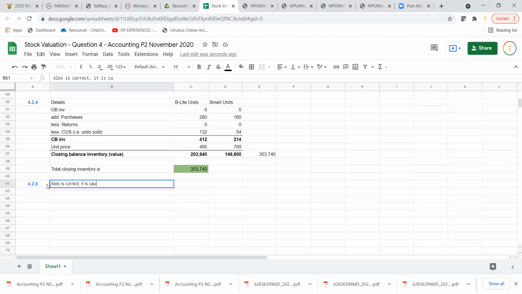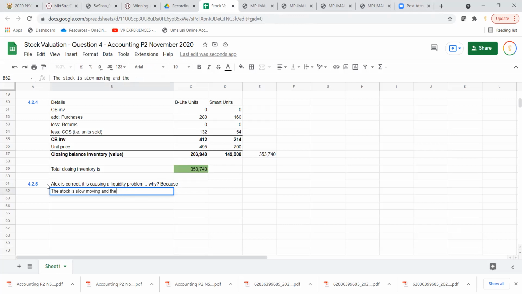It is causing a liquidity problem. Okay, why? Because the stock is slow moving.